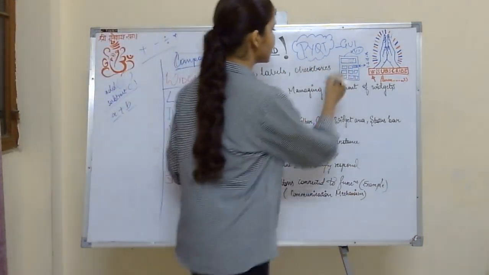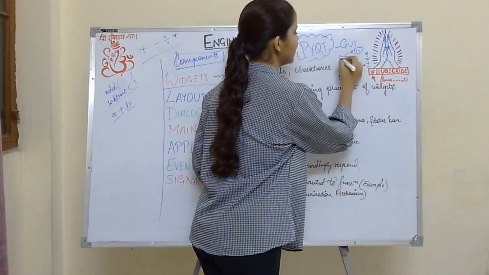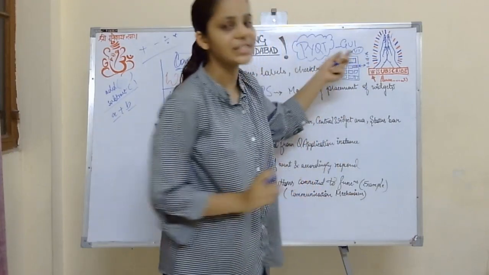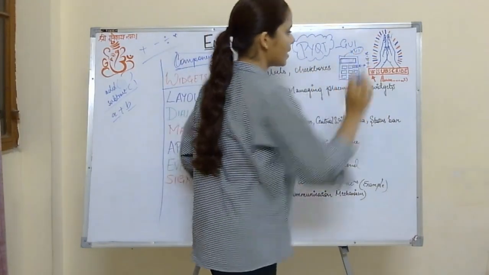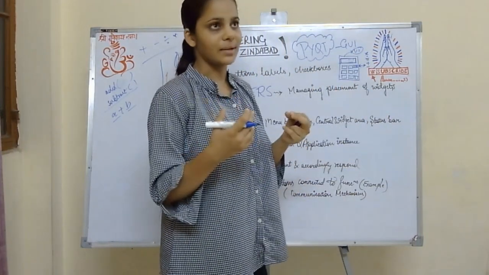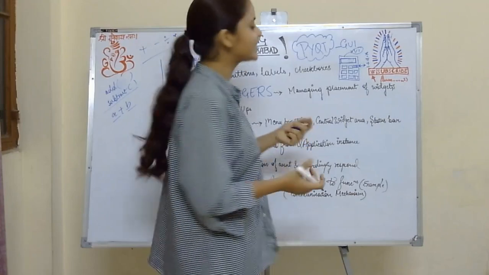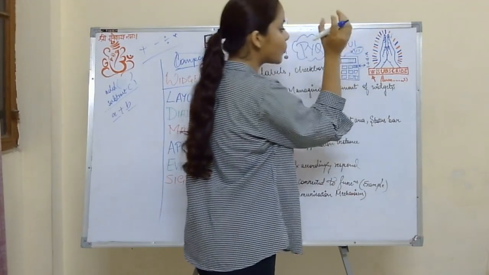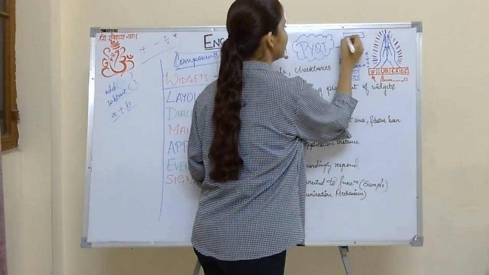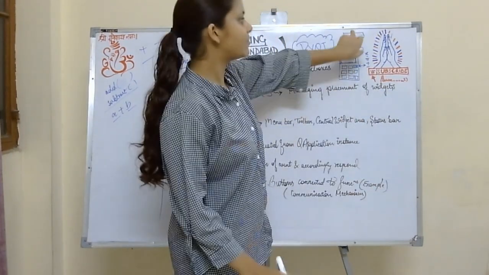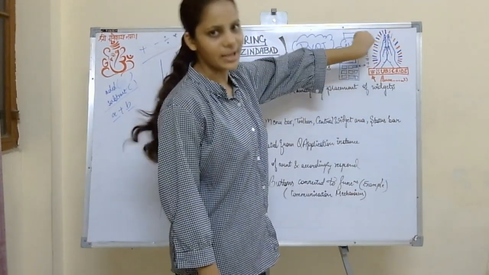The label: what is a label? An empty rectangular space where you can put hard-coded text, or we can also put an image in this label. So the label is an empty rectangular box in which either a text or an image can come.